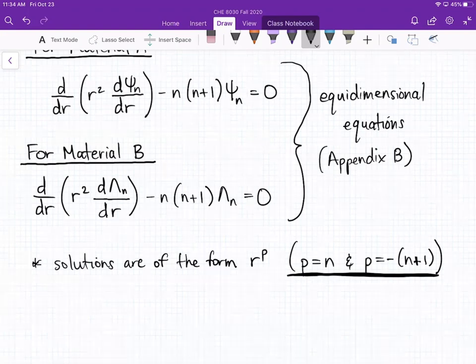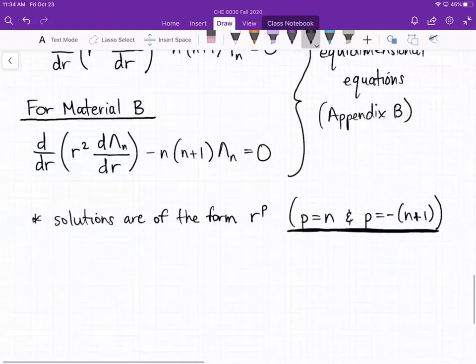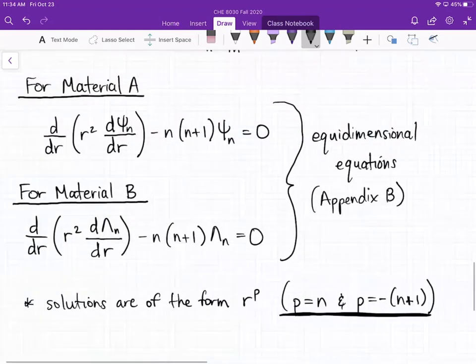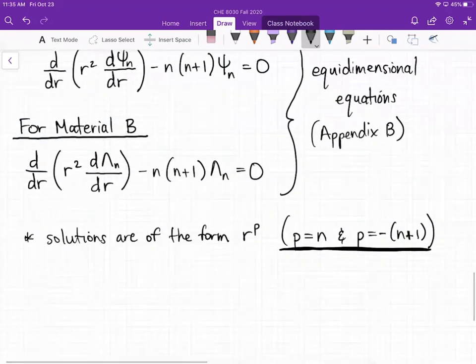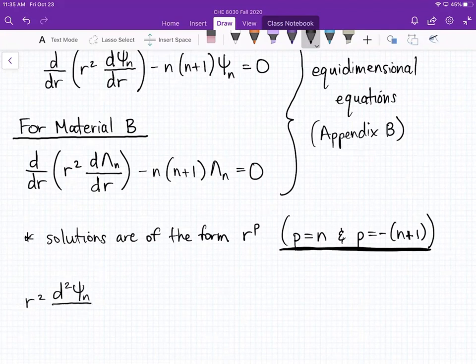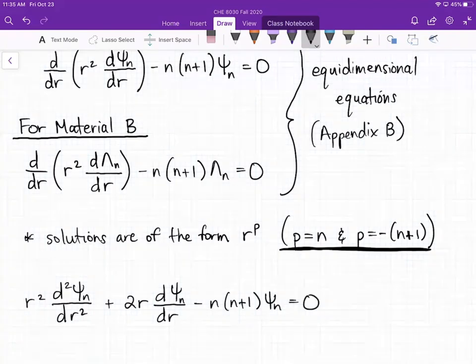So let's just start with material A. First, I'm going to expand that nested derivative. Okay, so that is my expanded equation.